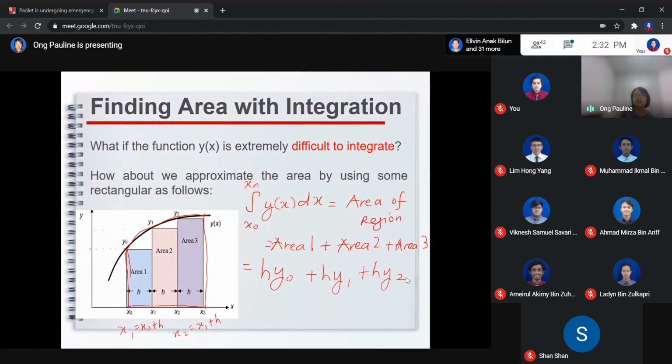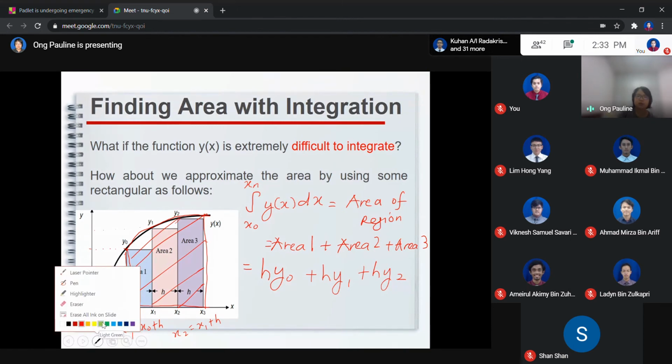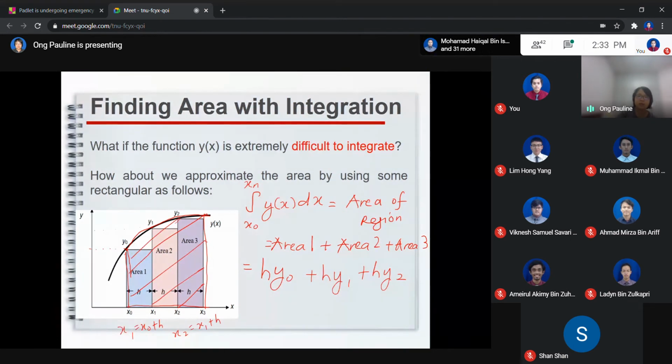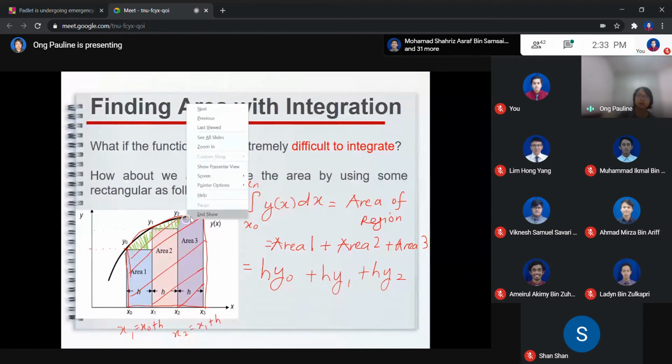But what do you think about the accuracy of your approximations here? We want to approximate the area bounded over here, right? If I only make use of these 3 rectangles, I will see that there is still some region that we miss out, where the rectangles do not cover this area.